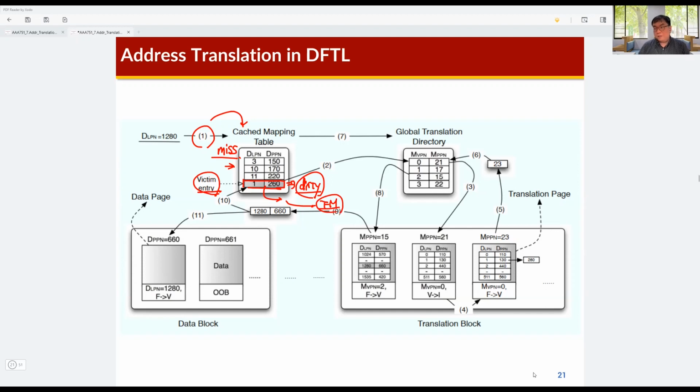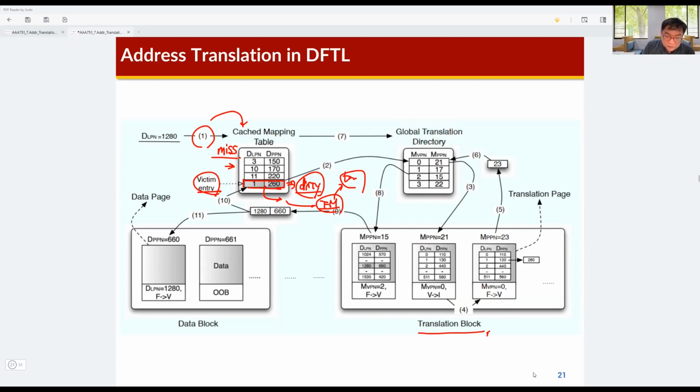In order to update this information, we need to find the stored translation table inside of the translation blocks. And this information can be obtained from the global translation directory.